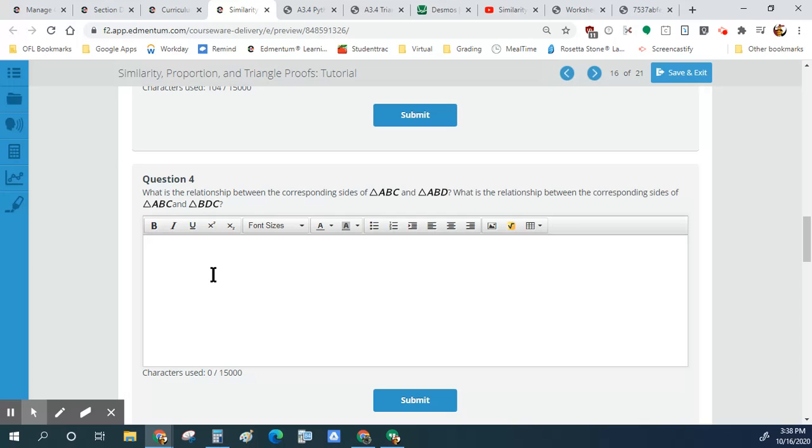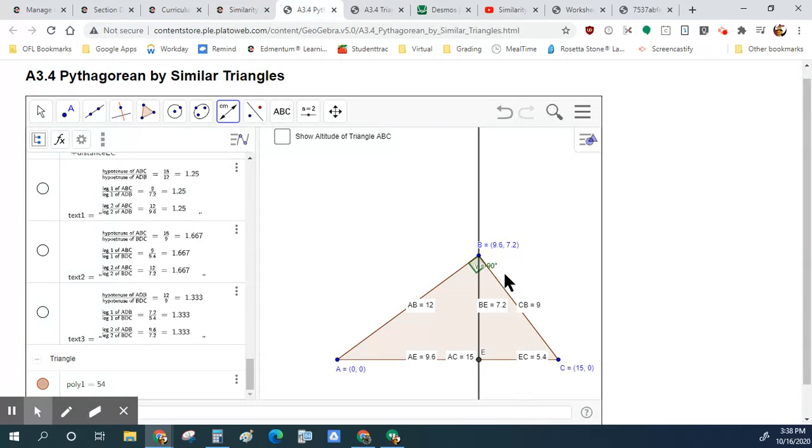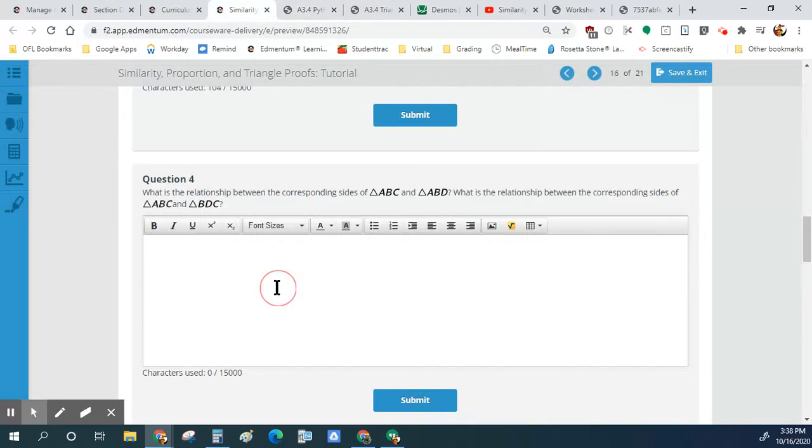So what's happening here is essentially that if you take a perpendicular line, you're making two similar triangles, one small similar triangle and another similar triangle. So all the sides are proportional.